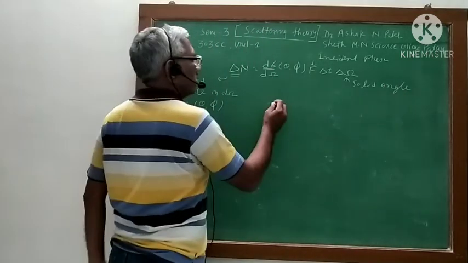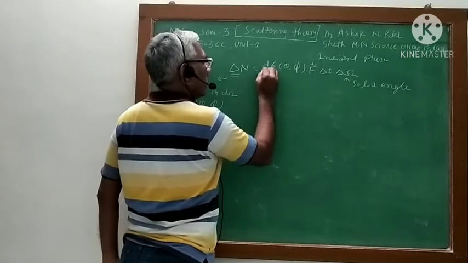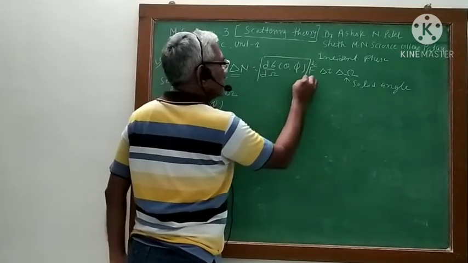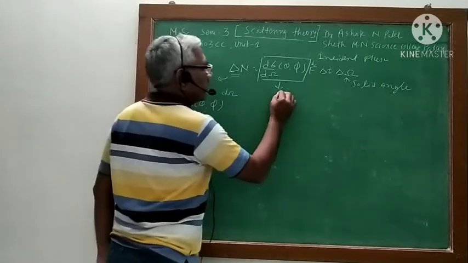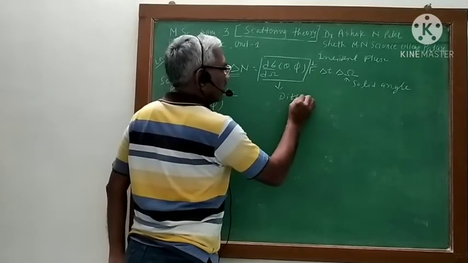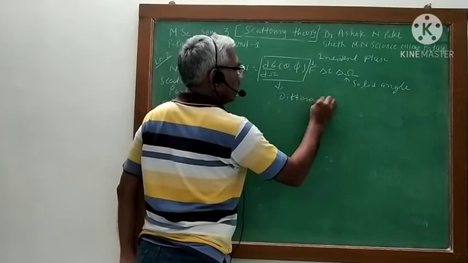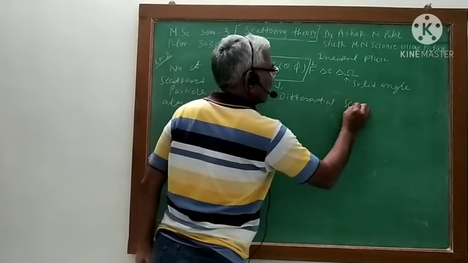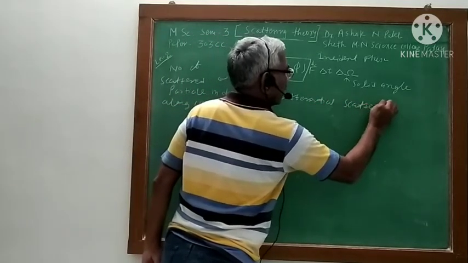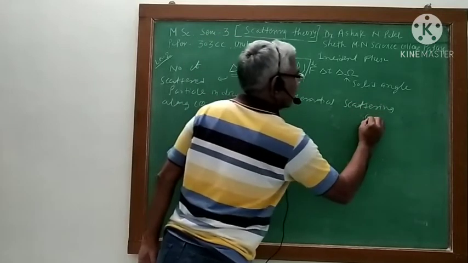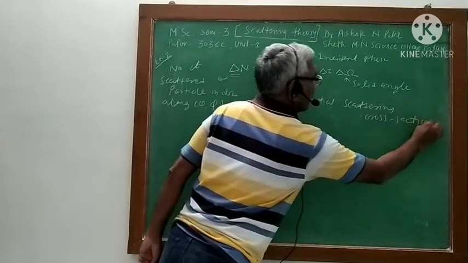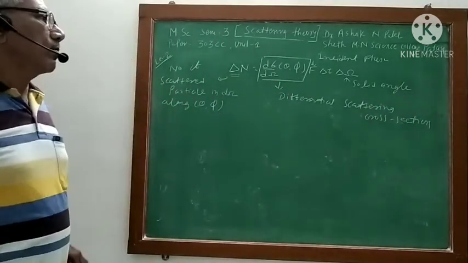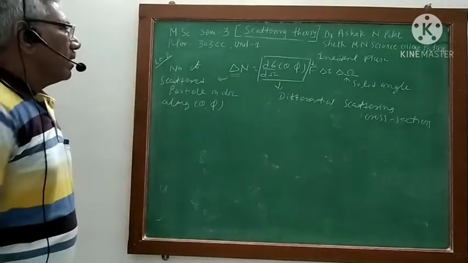And d sigma by d omega, I told you, is the differential scattering cross section.